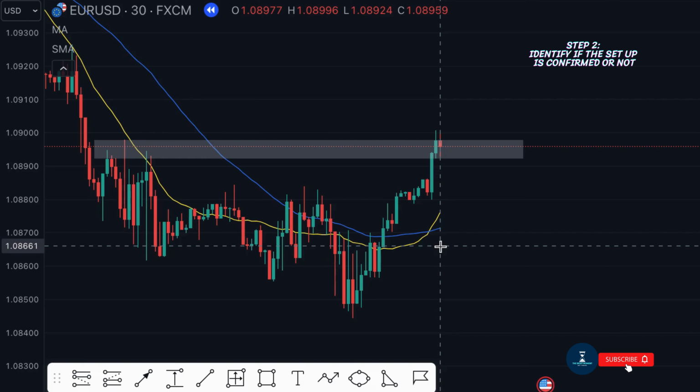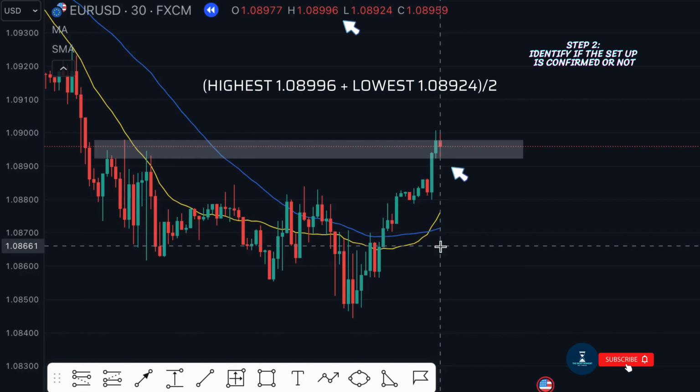I need to calculate the middle of the candle to identify if it is really bearish. So we have the high 1.08996, and we have the low 1.08924, divided by 2.